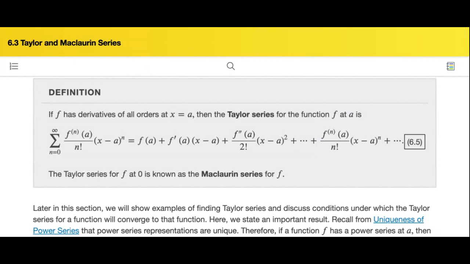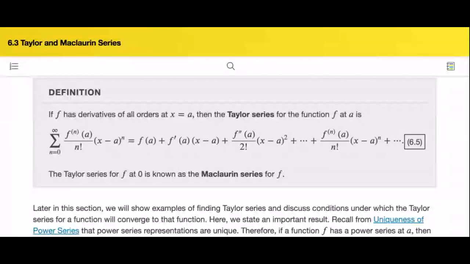We call the first two terms the linear approximation, linear Taylor approximation. And the three terms, function value, first order, second order, we call the quadratic approximation. And so on and so forth.